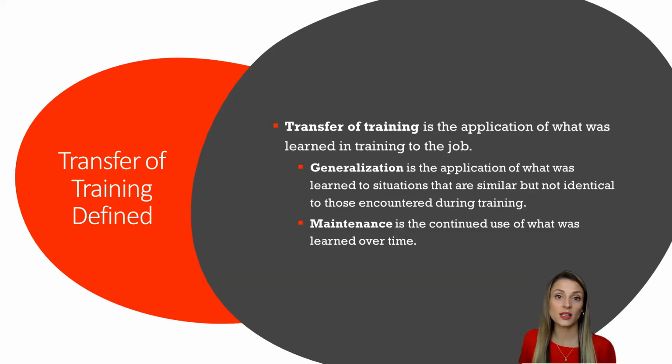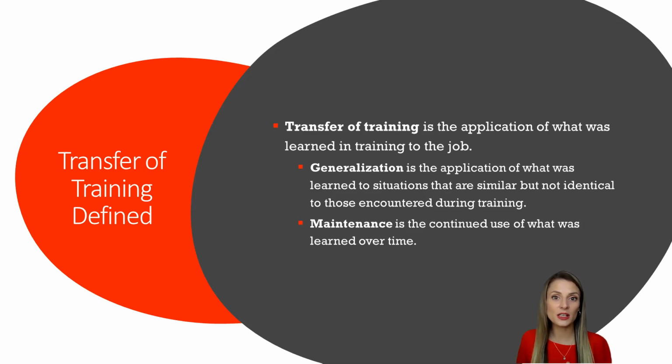But learning isn't enough. We also need trainees to apply what they learned to their jobs. We call this transfer of training. Learning usually happens during training, during the actual learning event, while transfer of training is something that happens post-training, after the learning event.